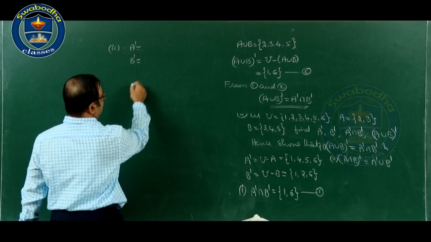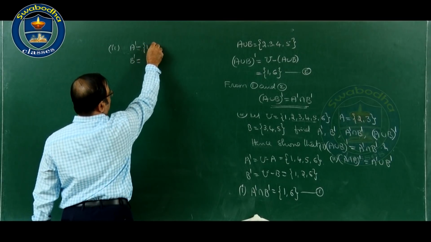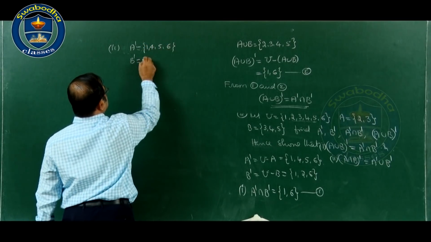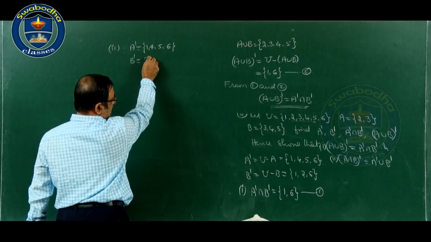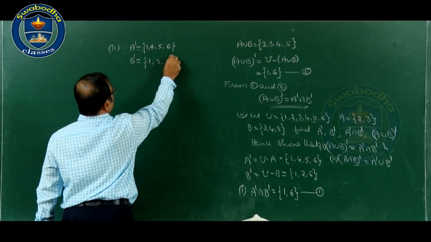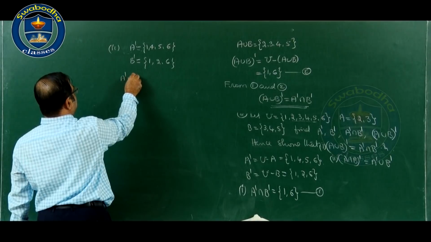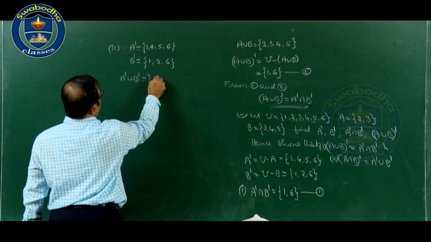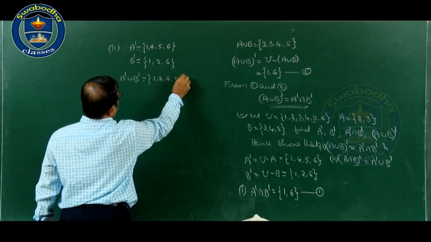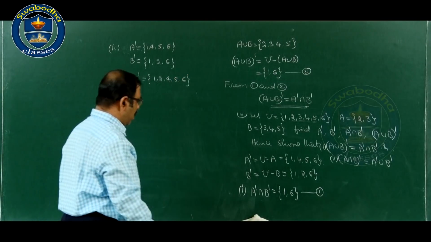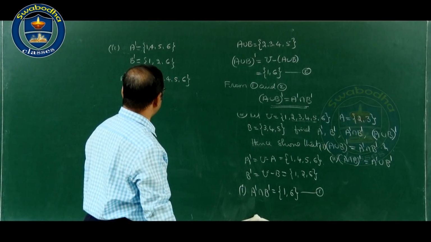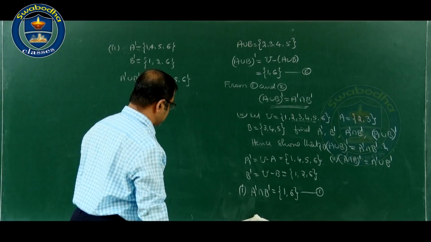What is A complement? 1, 4, 5, 6. B complement is 1, 2, 6. A complement union B complement is 1, 2, 4, 5, 6.